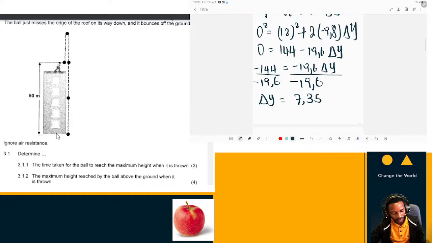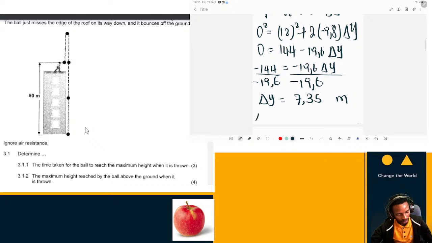or 7.35 meters. So this is the distance which was traveled by the ball from where the thrower was to maximum height. So it's that distance, but we need to determine the distance from the ground. So we need to add this 50 because when the ball was projected, it was already 50 meters above the ground.